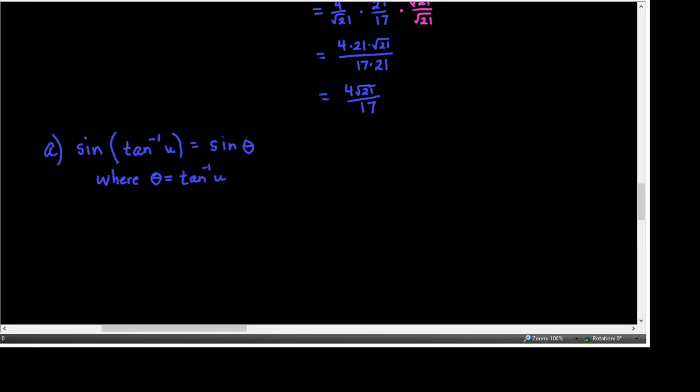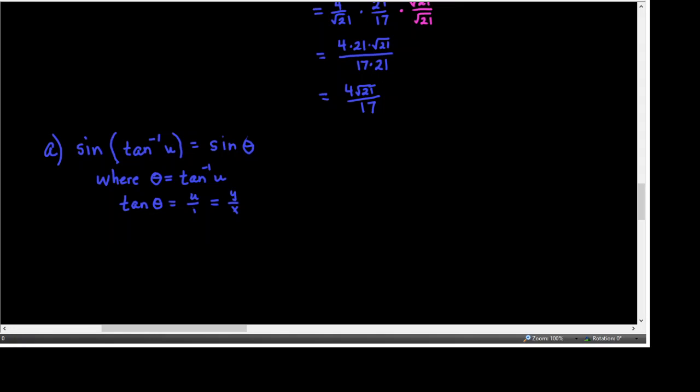Writing that equation without the inverse means that the tangent of theta is u, which I'm going to put over 1, because I know that the definition of tangent is y over x. We needed a fraction, so we could assign something for both x and y.